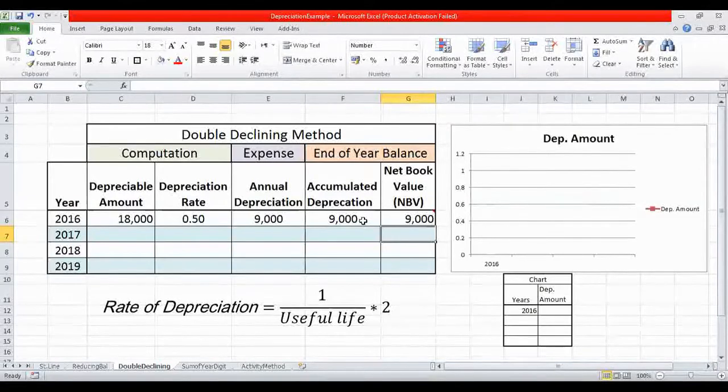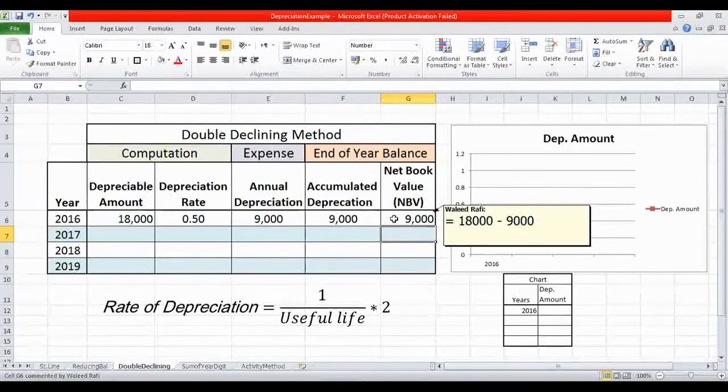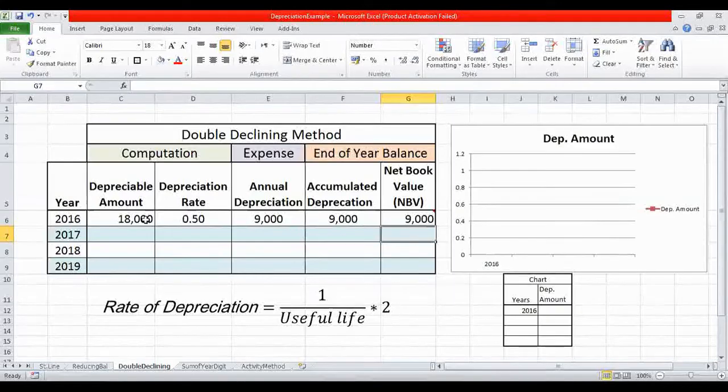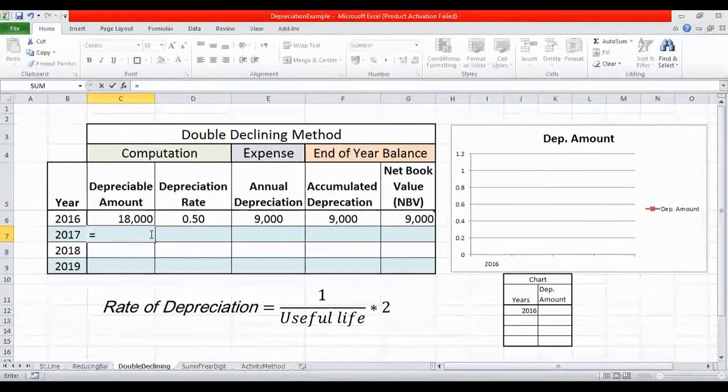Now, because it is called double declining method, why is it called declining method? Because the balance is declining like the reducing balance method. So it means that next year when we are going to calculate the depreciation, we are not going to calculate the depreciation of 18,000, rather we are going to calculate the depreciation on this 9,000 or the last balance.